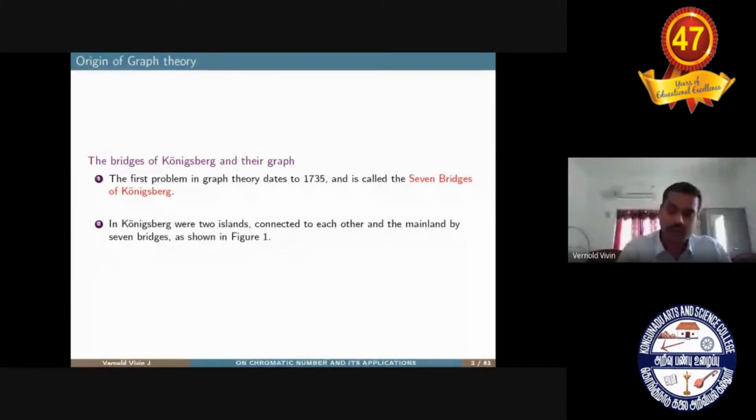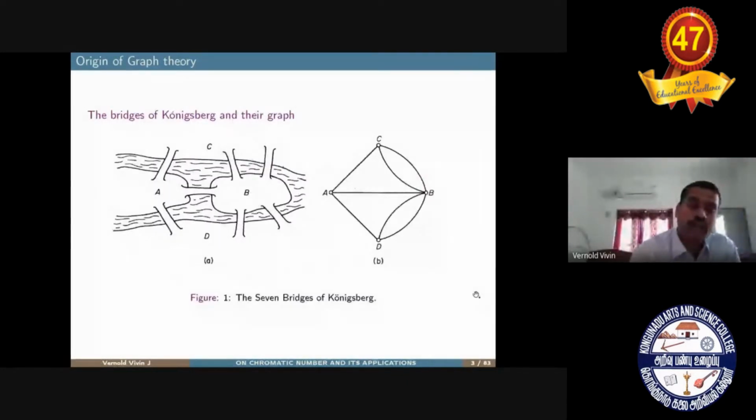The figure will illustrate this example. Here you can see two islands, A and B, connected by 7 bridges with the mainland. The mainland areas are C and D.